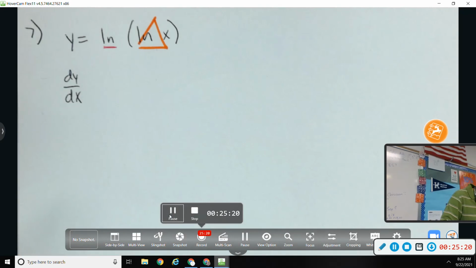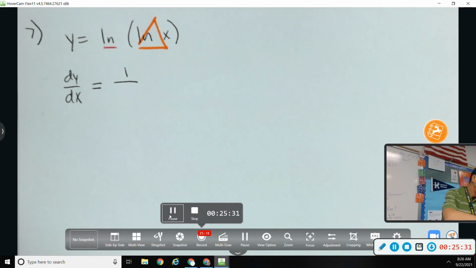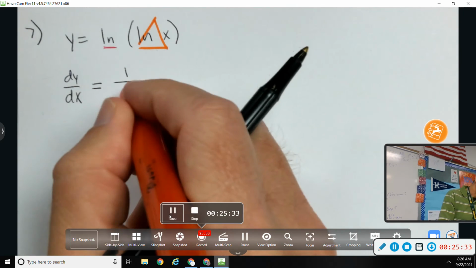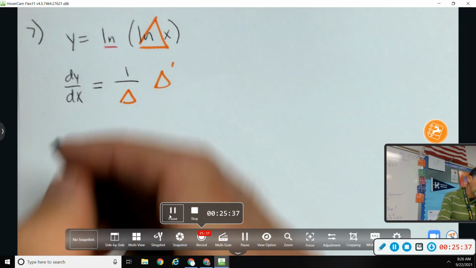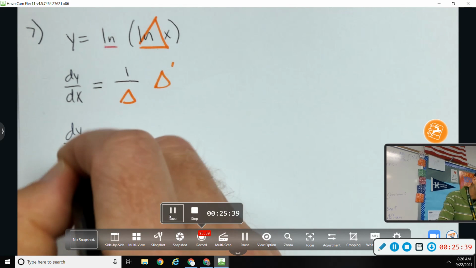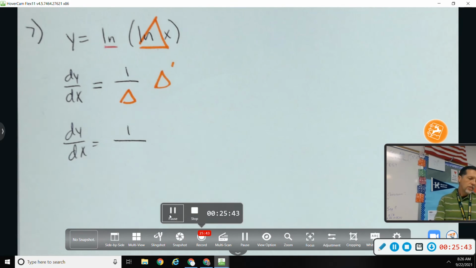Derivative of y with respect to x. So derivative of natural log is 1 over, you know what, I'm going to just say 1 over the orange triangle times the derivative of the orange triangle. Then we'll fill in the pieces. So the orange triangle is also natural log of x.